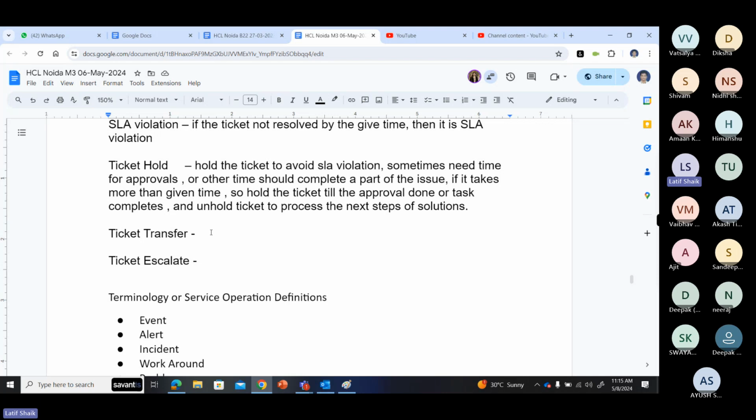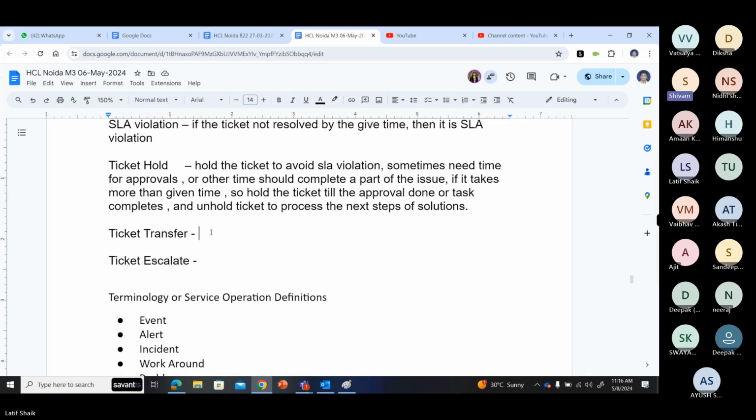So the service desk analyst can transfer the ticket to another team member. Before that, we have to discuss with the team member: is he available, and can he handle this ticket? Then we can transfer. While transferring, you have to note in the ticket that I am transferring this ticket to so and so person because I am busy with this. So that is transferring. Okay, guys, do you understand what transfer is?